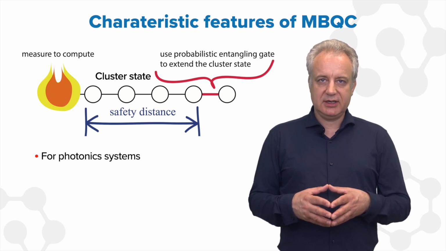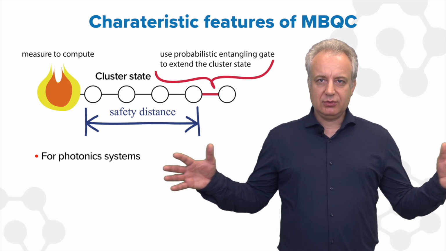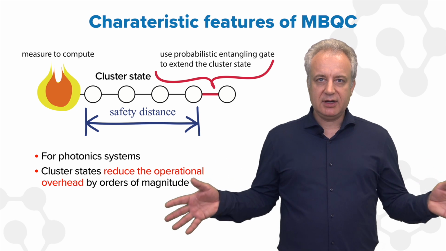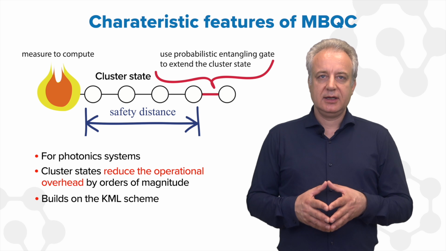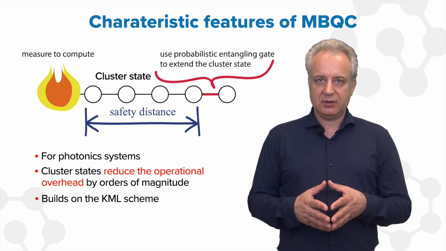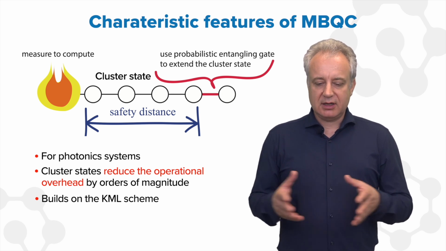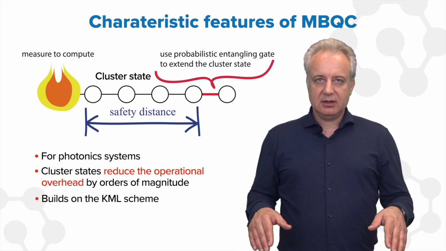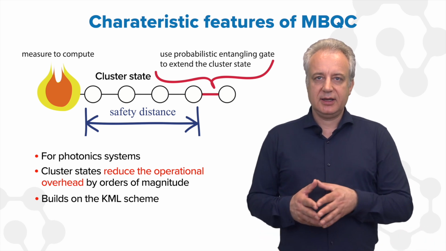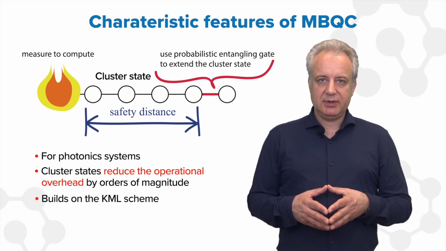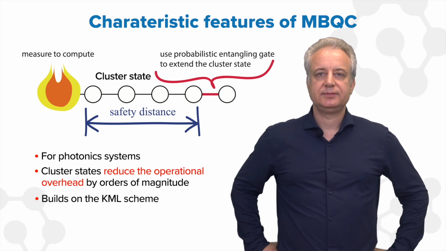In such a situation, measurement-based quantum computation helps you reduce the operational overhead very significantly. This builds on the Knill-Milburn-Laflamme scheme of quantum computation with photons. That was a very significant step. It removed the necessity of Kerr nonlinearities and replaced them by measurement. And if you use measurement-based quantum computation on top, you can be much more resource efficient. And we'll talk about that later too.